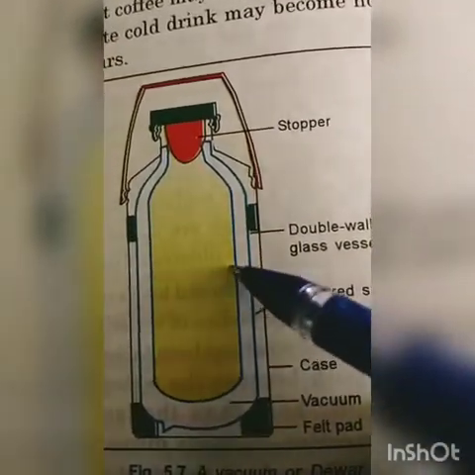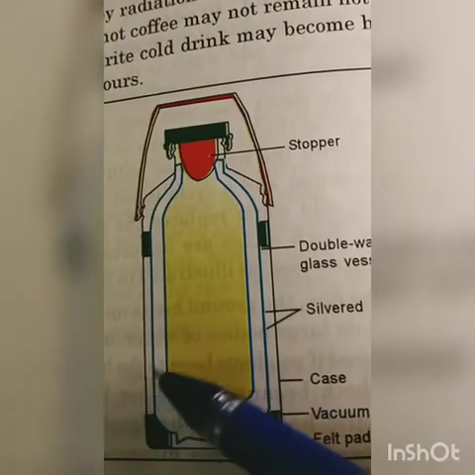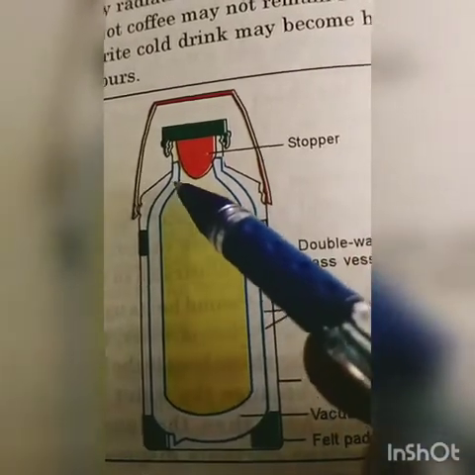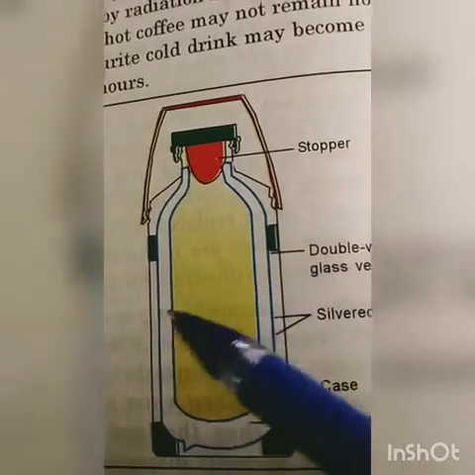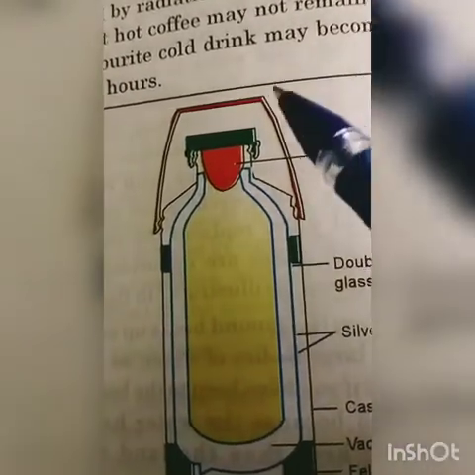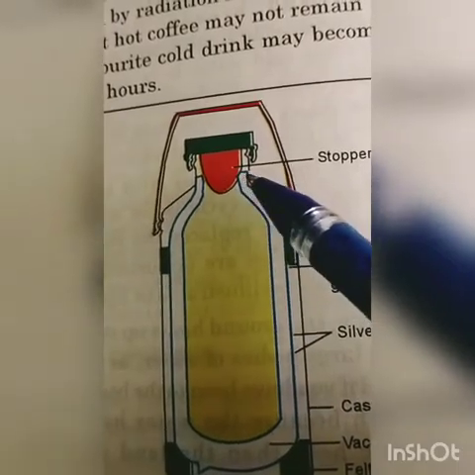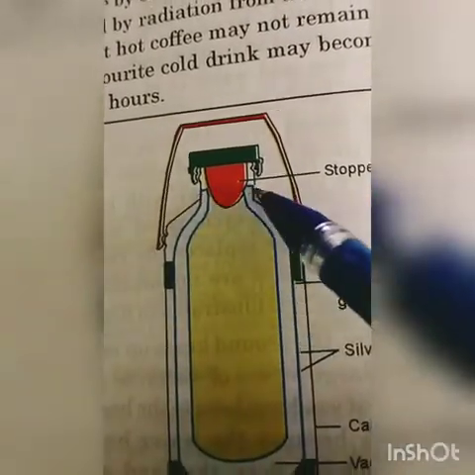One is the outer wall and the other is the inner wall. All the air from inside these walls is taken out, so there is no air, and then it's sealed up at the ends.